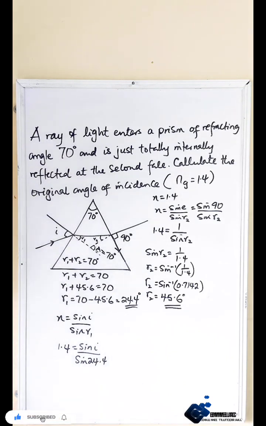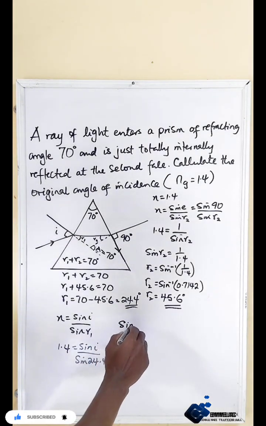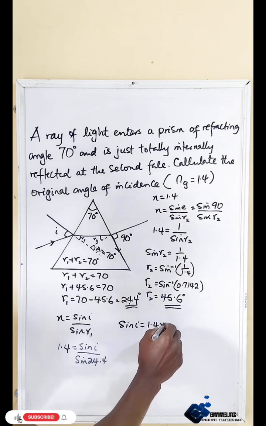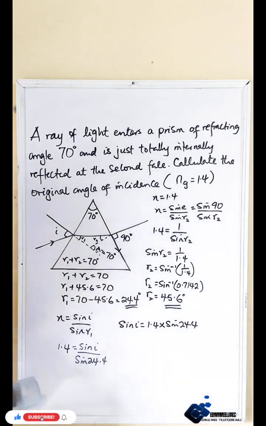And this will give us sine i equals 1.4 times sine 24.4.